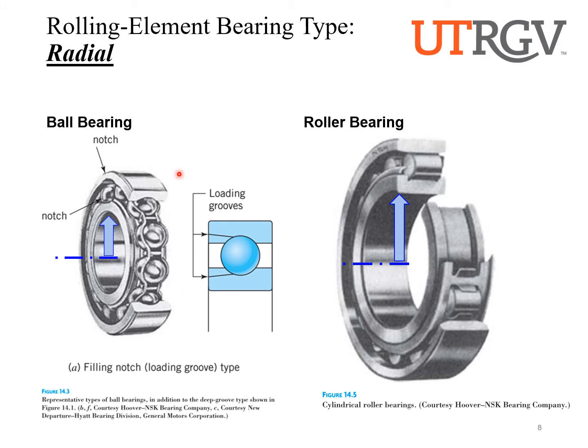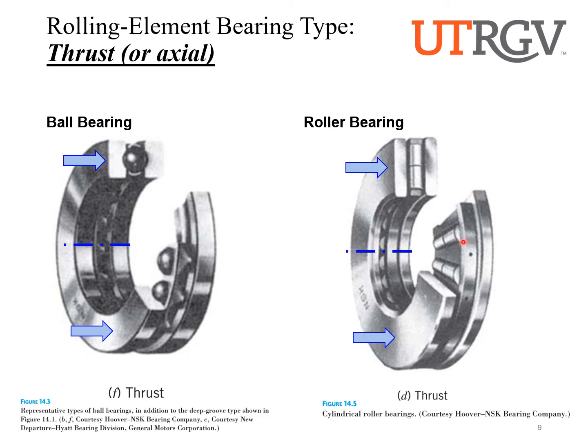So here we have, again, a ball bearing and a roller bearing. That's what those cylinders look like. And these are meant to take primarily radial loads. See, in this direction over here. The other type of bearing is a thrust or an axial bearing. So these are going to take loads that are oriented along the axis of the shaft.